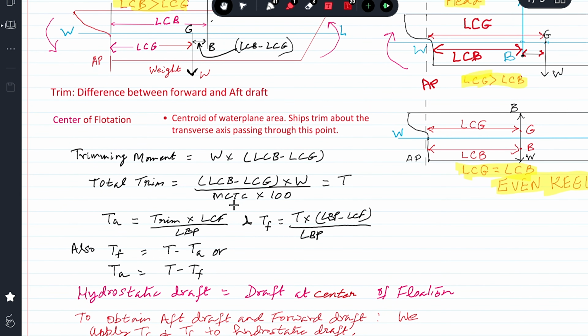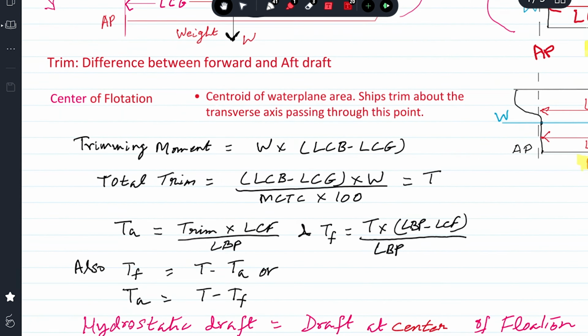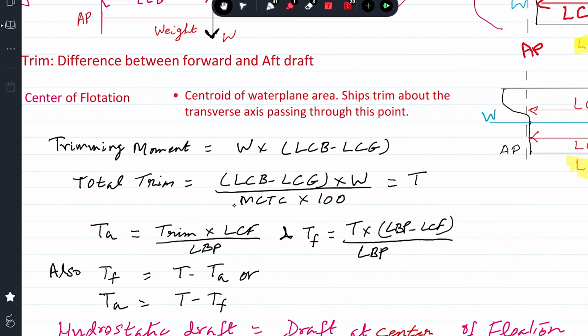As I just explained to you, what is the trimming moment? The ship's displacement W multiplied by that lever, trimming lever BG, which is LCB minus LCG. So trimming moment is displacement W into LCB minus LCG.